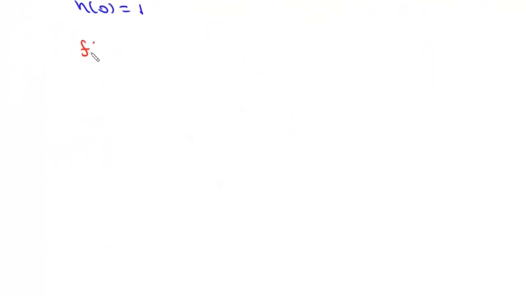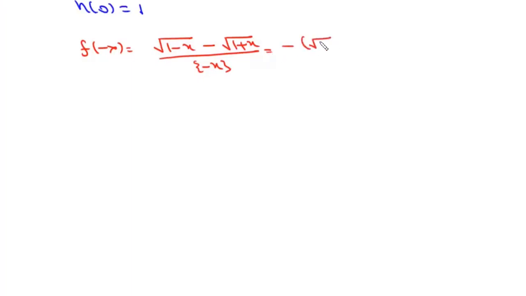Now if we find f minus x will be 1 minus x minus under root of 1 plus x upon fractional part of minus x. Now it will be equal to minus under root of 1 plus x minus under root of 1 minus x, and fractional part of minus x is 1 minus fractional part of x when x is not an integer.